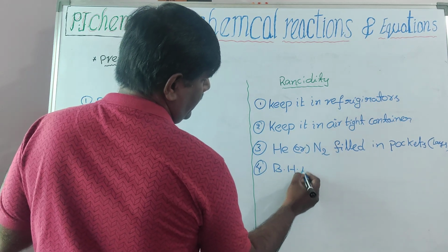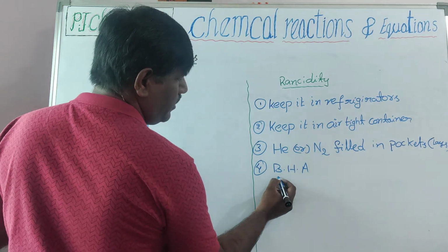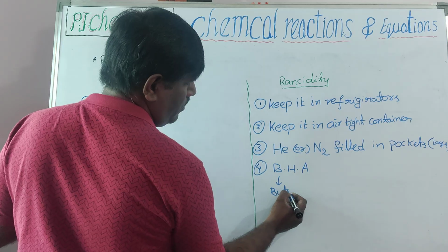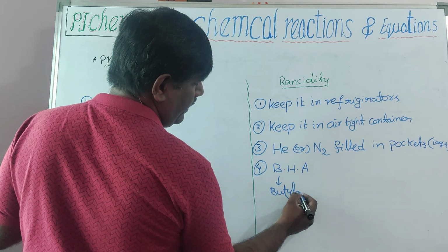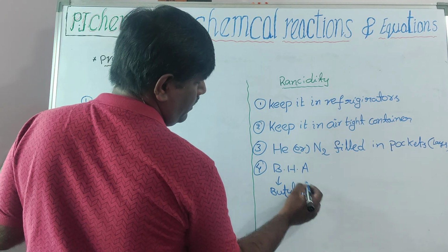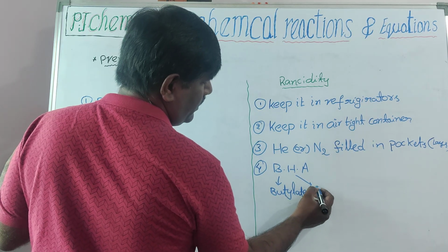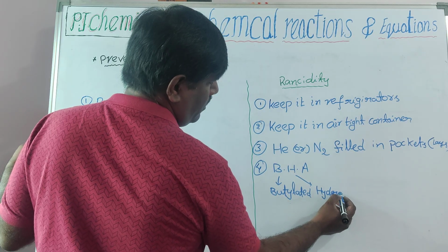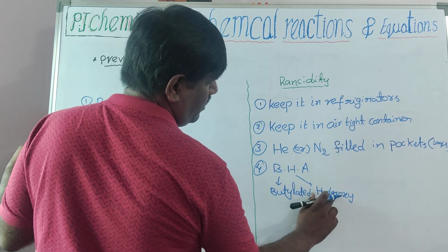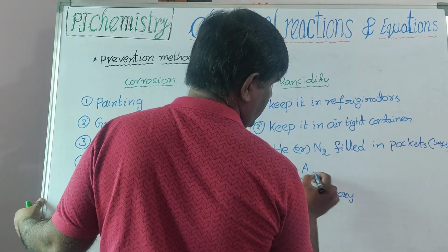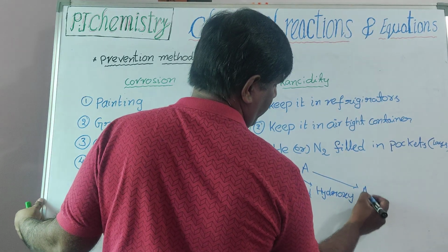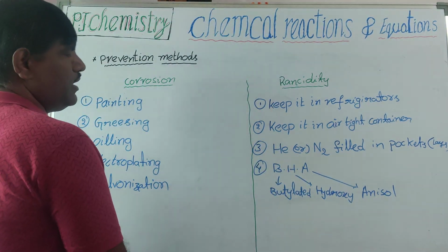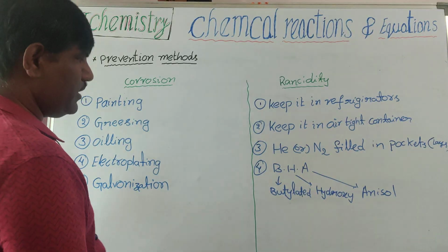BHA is nothing but B means butylated, H means hydroxy, butylated hydroxy, A means anisole. It is a chemical which they use as an antioxidant for rancidity.